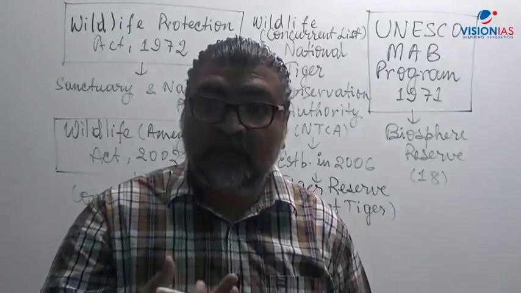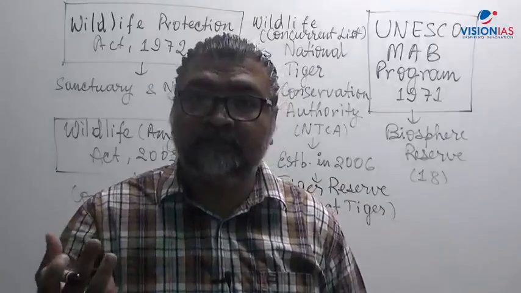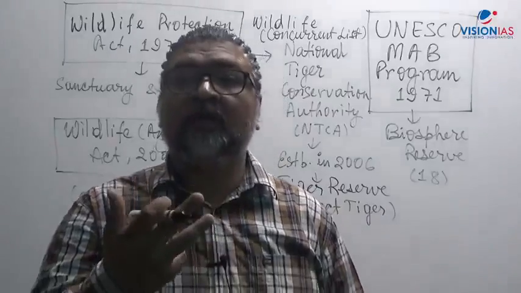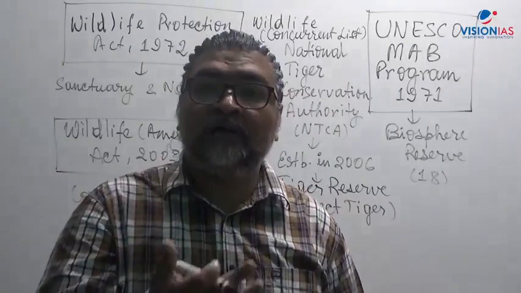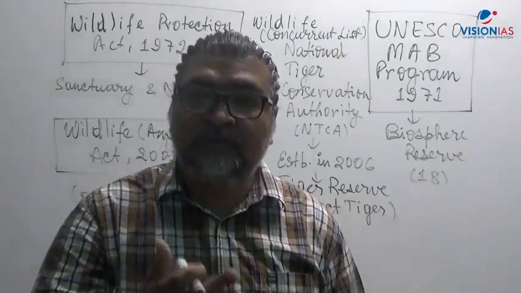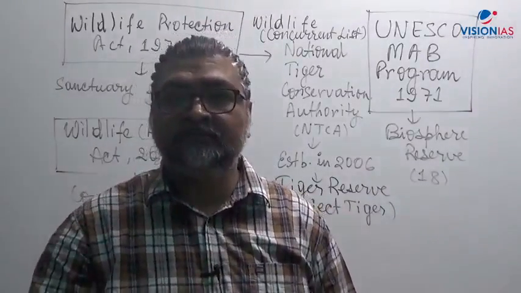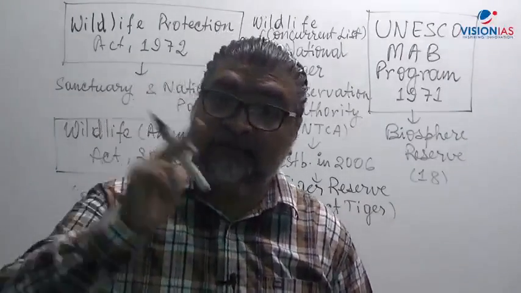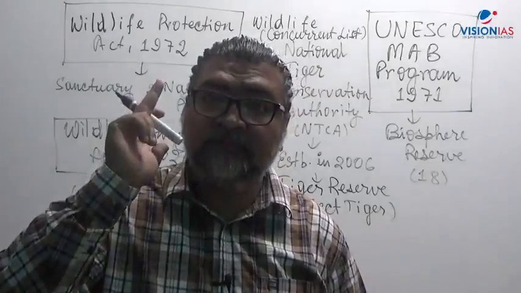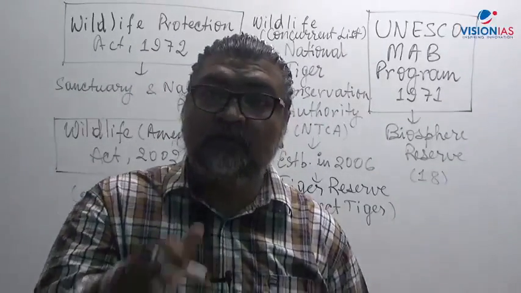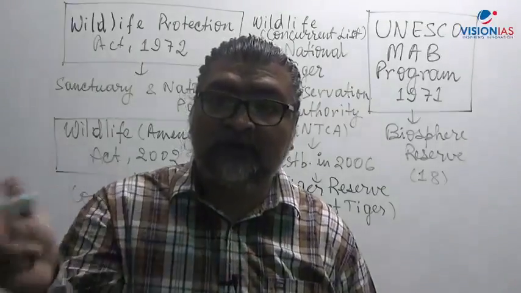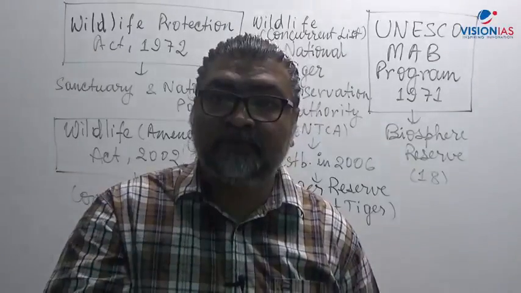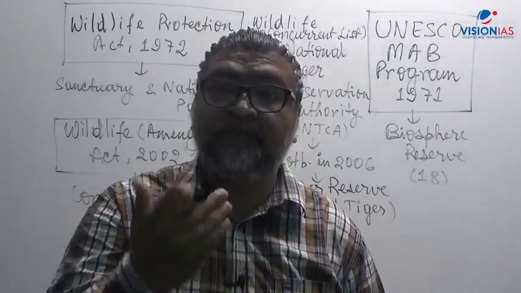Scheduled Tribes and Other Forest Dwellers Recognition of Their Rights Act 2006, also called the FRA, Forest Rights Act 2006. So in our country we have the Indian Forest Act with amendments right from British time, then the FRA in 2006, and then the Forest Conservation Act 1980. And there we have provisions of protected forest and reserved forest.